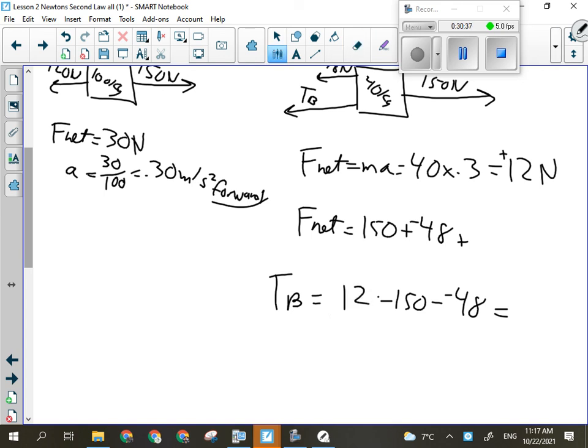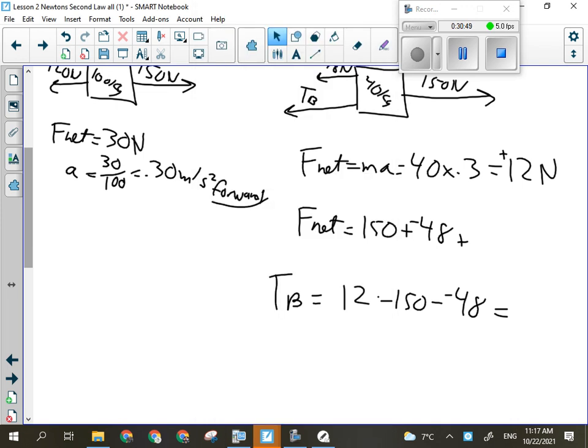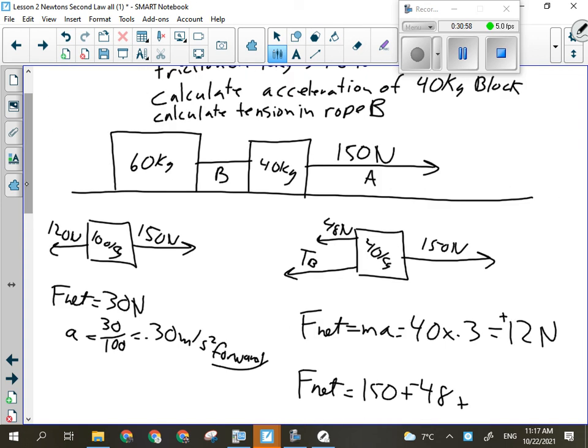So 12 minus 150 minus negative 48, so we got negative 90 newtons being the tension in the rope between the boxes. Everybody okay with that?